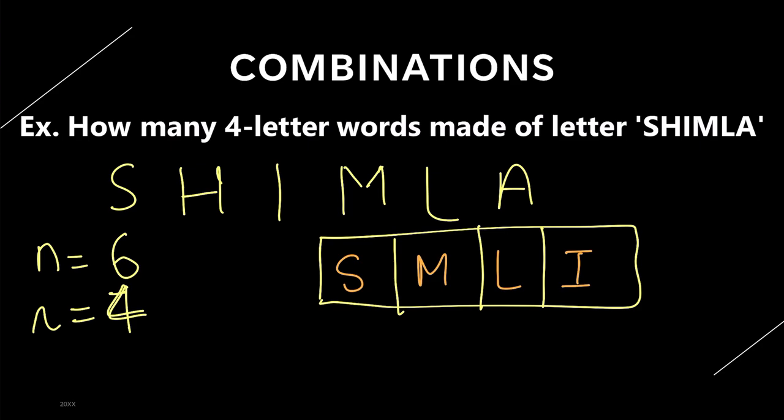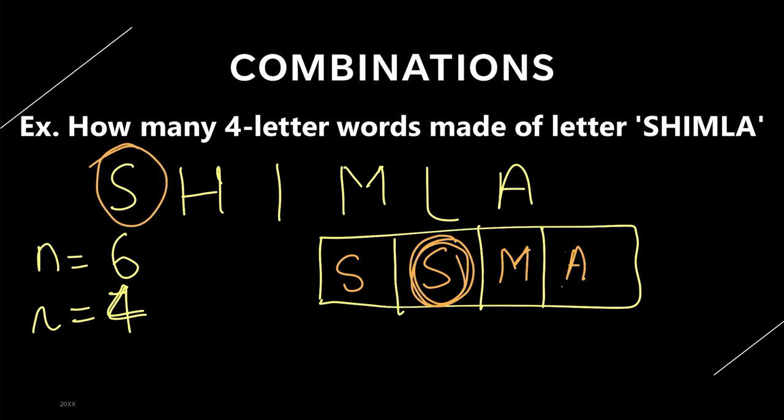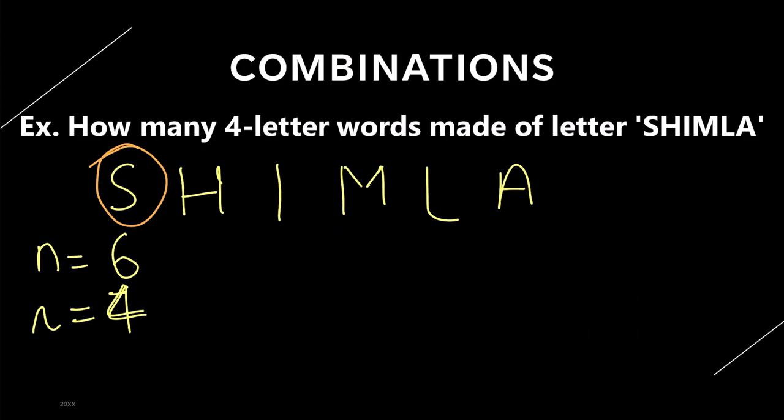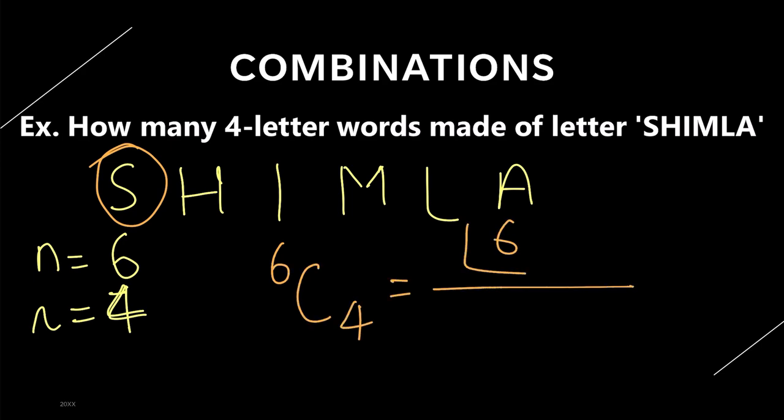Repetition is not allowed, which means you cannot make a word where the first letter is S and the second letter is S, because only one S is given to you, so you cannot repeat the same letter. So when repetition is not allowed, you have 6C4, which is 6 factorial divided by 4 factorial times (6 minus 4) factorial. So you can see how many words you can form using the letters of the word Shimla, right?